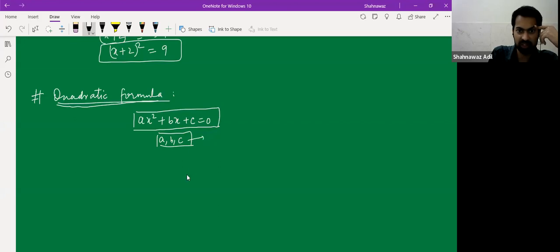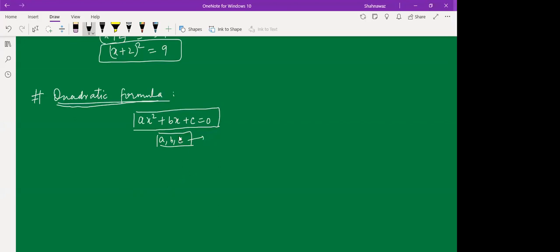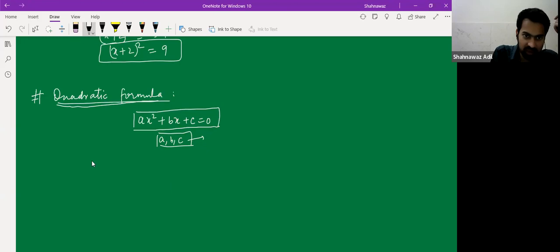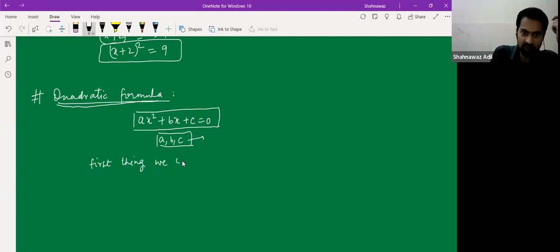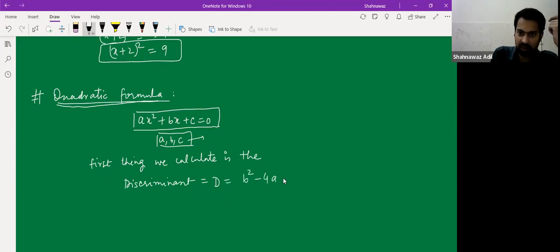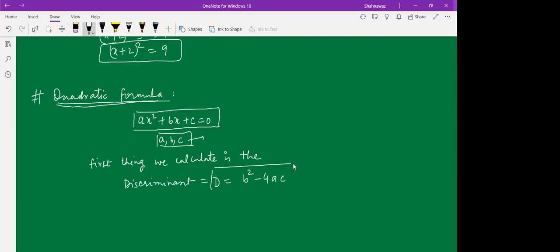So the first thing we calculate is the discriminant, which is called D, and which is b squared minus 4ac, right? So this is called the discriminant.